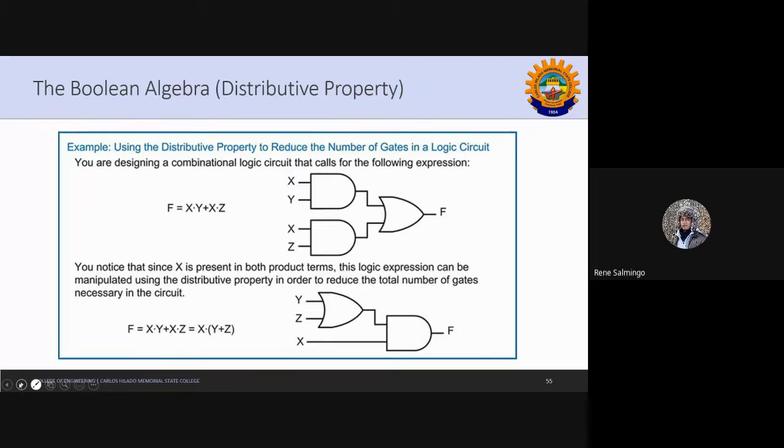So what will happen is you have x, and you use parentheses, and you have y or z, and x. That is the simplified form for this given example.